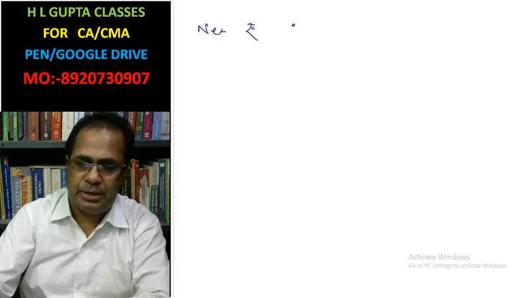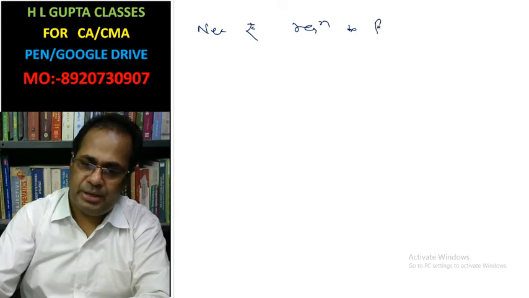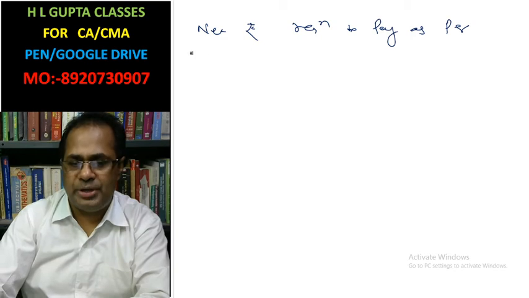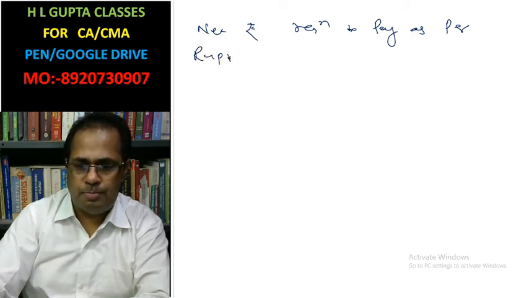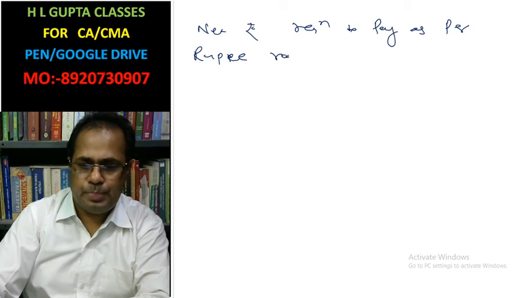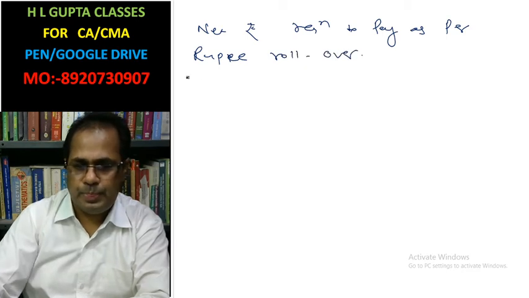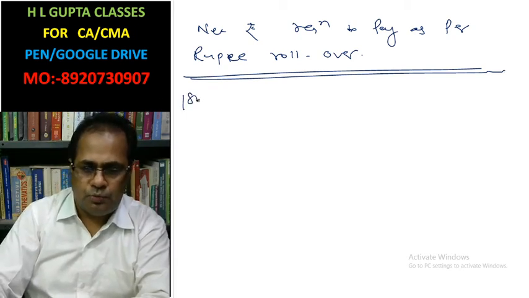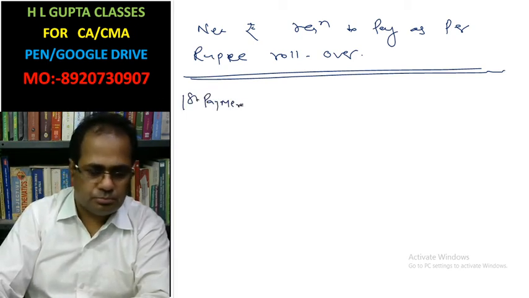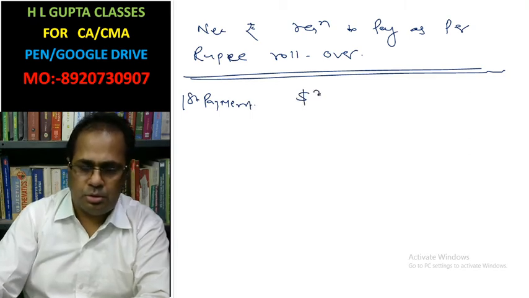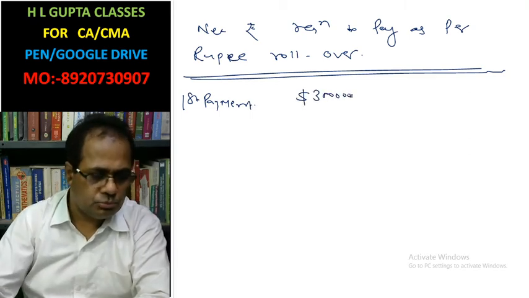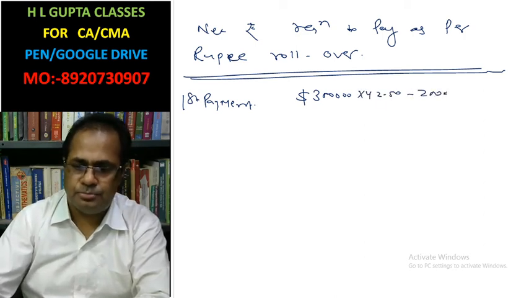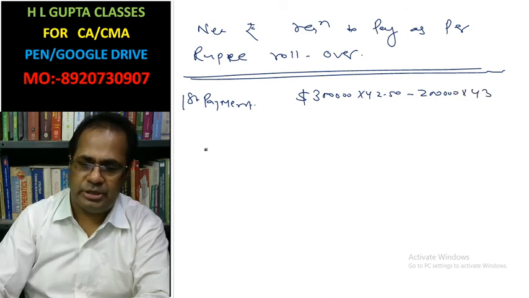Okay, net rupees required to pay as per rupee rollover. First payment: $3 lakh at 42.50 minus 2 lakh at 43.